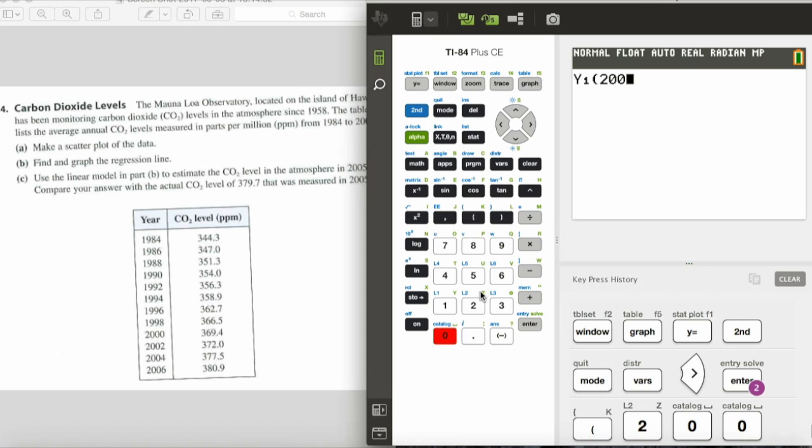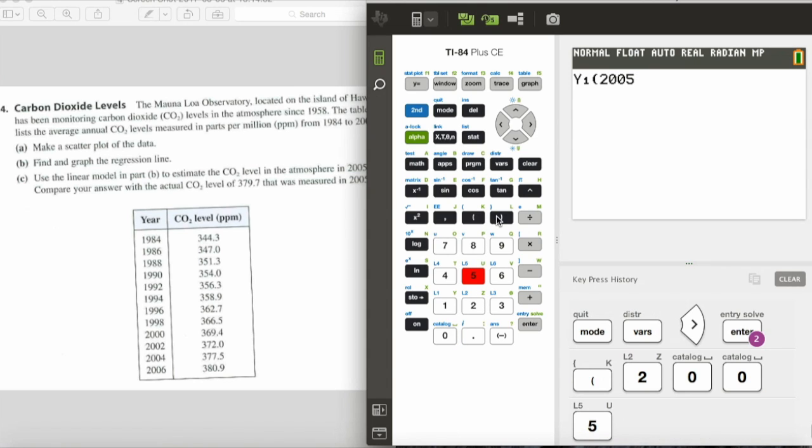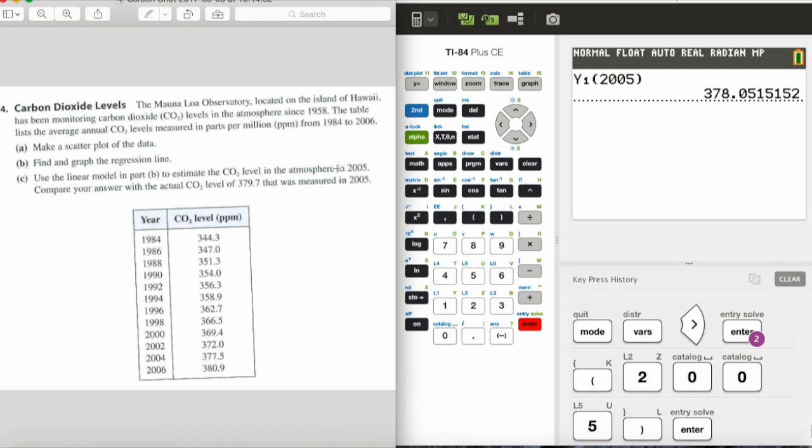That's what the question asked: what should have been the CO2 content in the atmosphere in 2005? Okay, it should have been 378.05, although they measured a level of 379.7, a little bit higher than the model predicted. So maybe the rate is increasing as the years go on, which is in fact the case. It's an exponential curve.